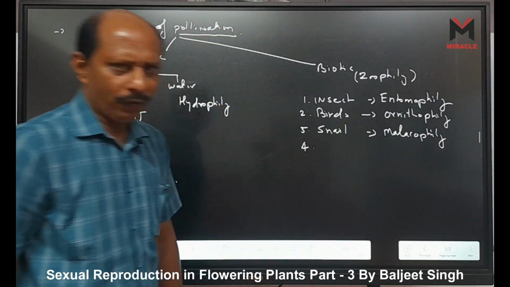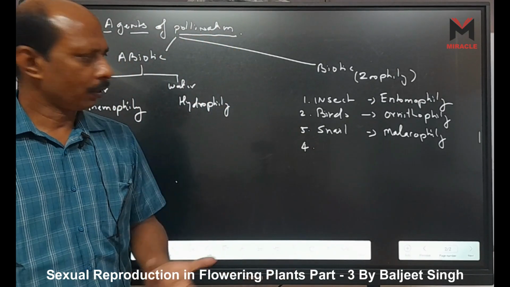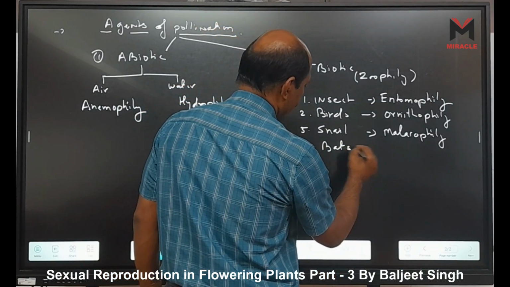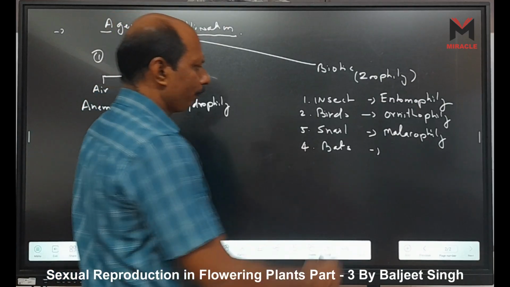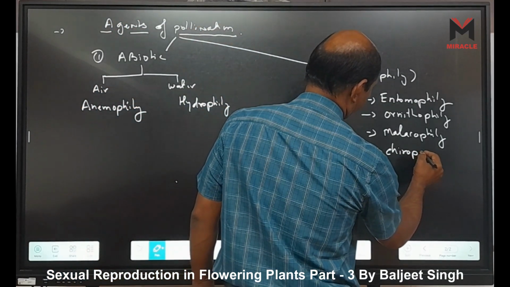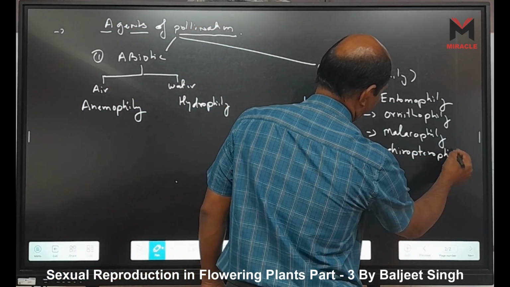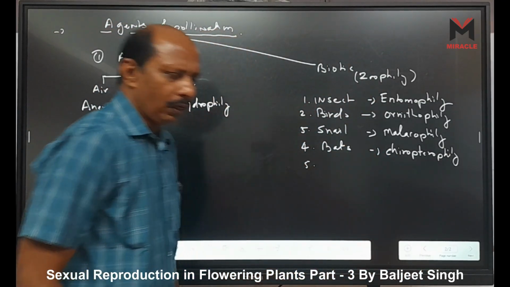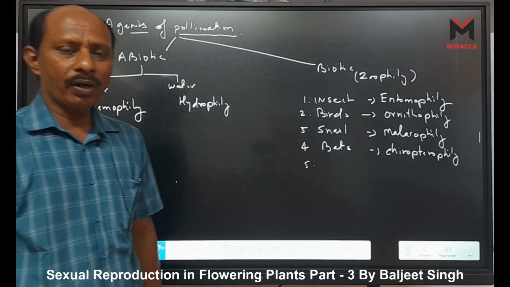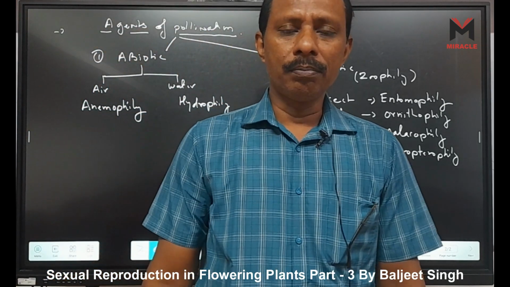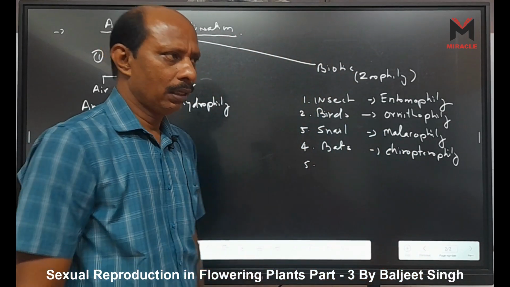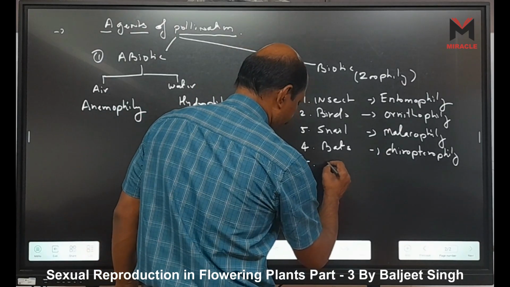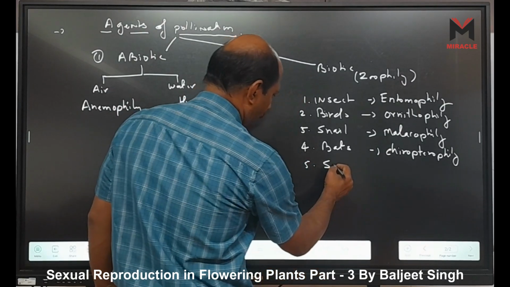Fourth, suppose bats are involved, like in banana, right? When bats are involved, it is called chiropterophily. And sometimes snakes are involved, like in Santalum, sandalwood trees.